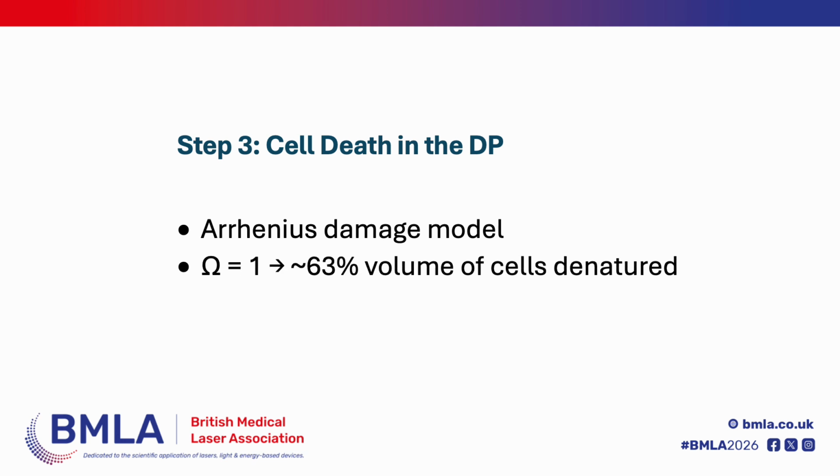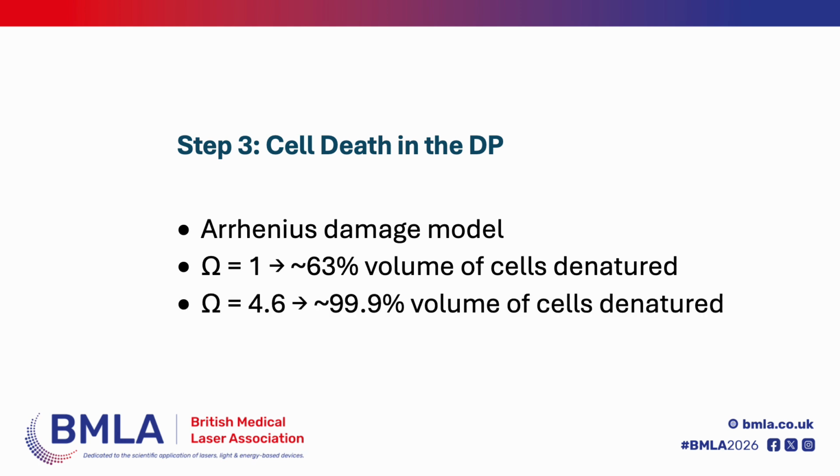Now, typically when we look at this, we calculate the value of omega, which is the volume of cells denatured, and normally a lot of researchers will set omega to 1, which is approximately 63% of the volume of those cells. I don't particularly like that as a metric.